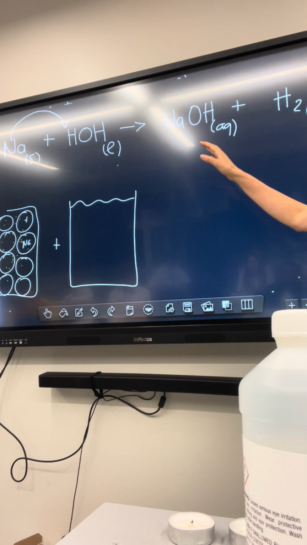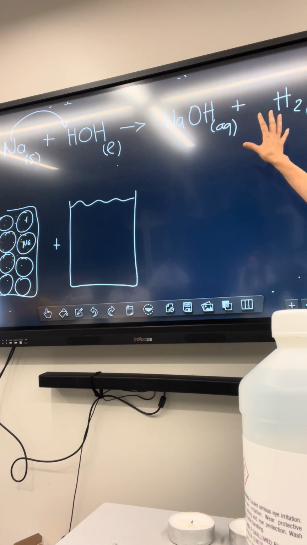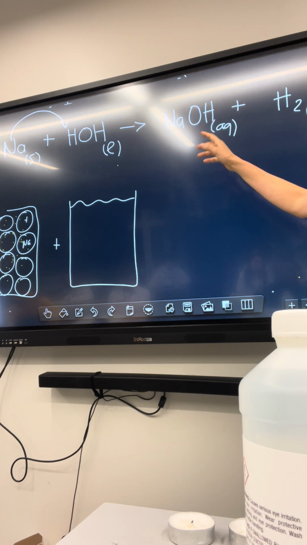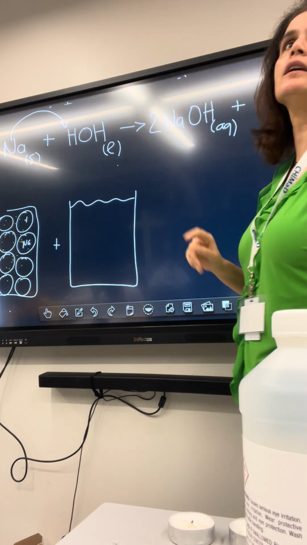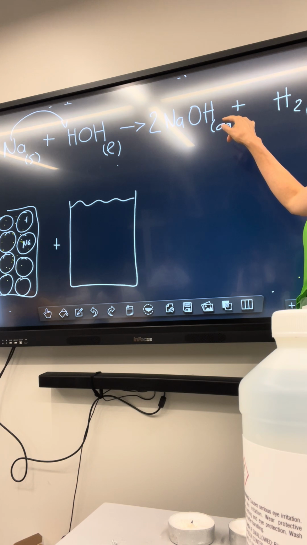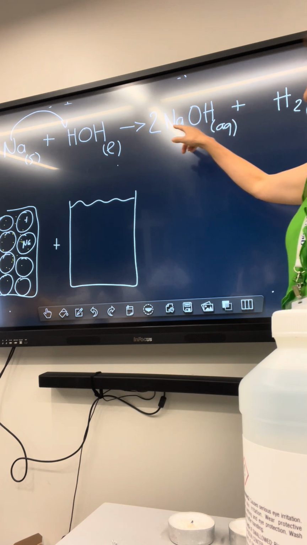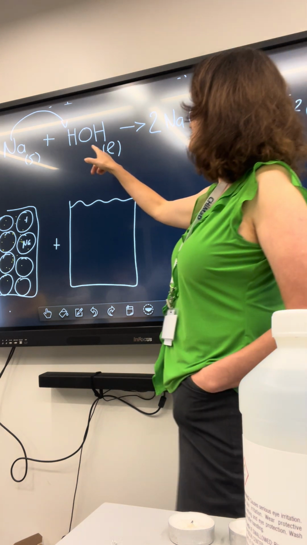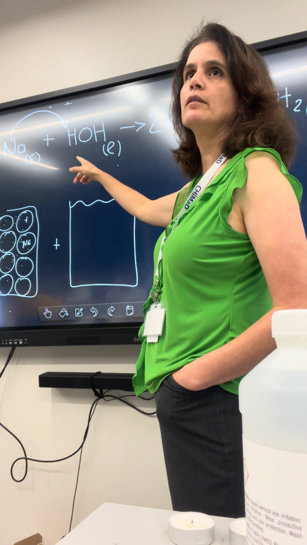That's an even number and that's an odd number, so it'll be good to make this an even number as well. In order to do that, I'll put a 2 here. That means that I have how many hydrogens? 4.